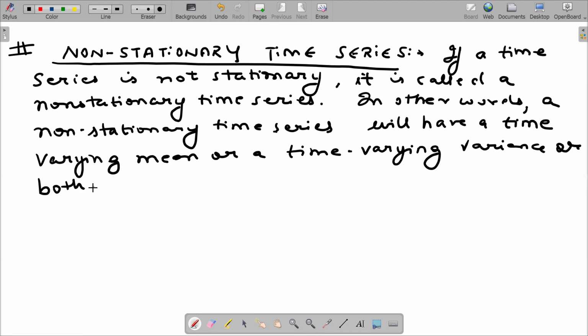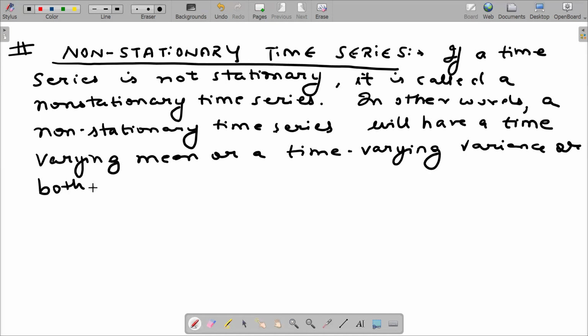In case of a stationary time series, mean, variance, and the covariance of the random variables are all constant over time. However, in case of a non-stationary time series, either the mean will change over time, or the variance will change over time, or both will change over time. Hoping that all students have understood this.